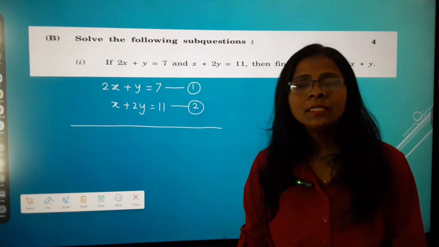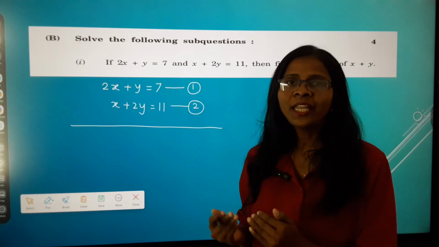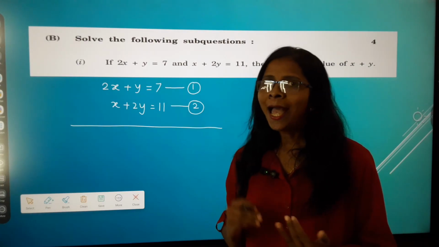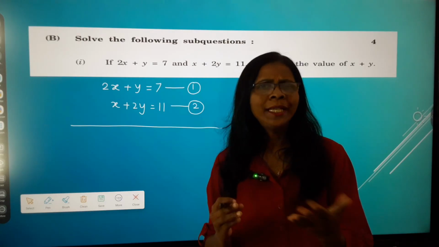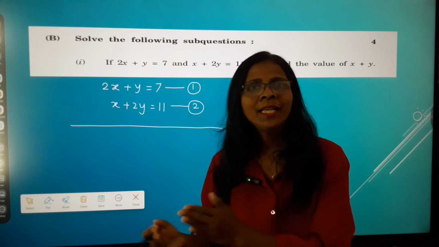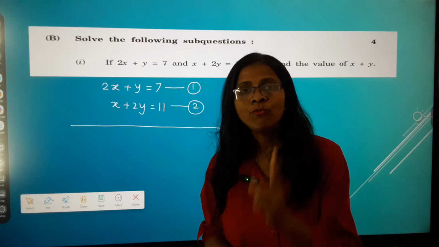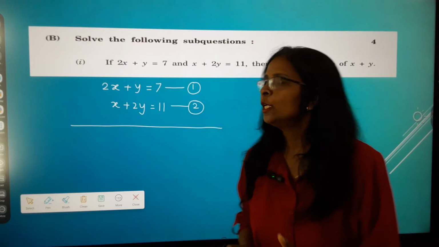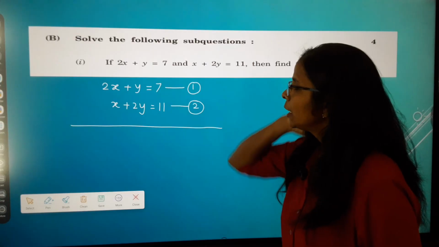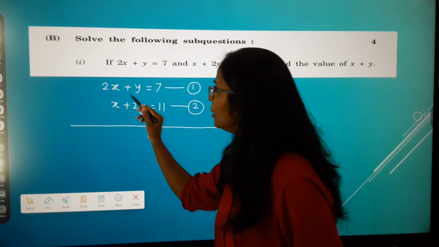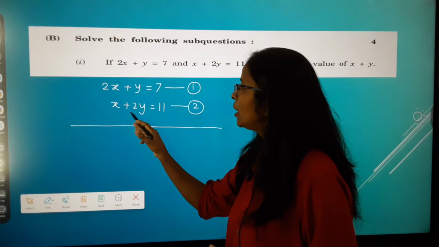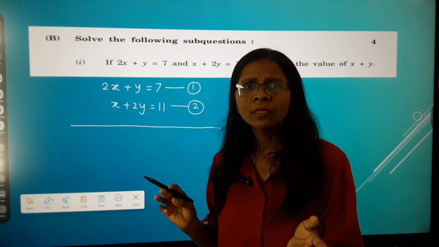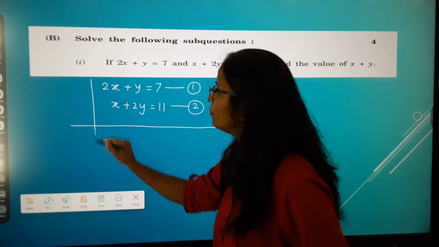If you observe these equations, there is a cross of 2, here 1, 1. So in such a case you would do addition and subtraction, but we don't get the value of x plus y as well as x minus y. We want the value of only x plus y. So in that case, if the sign between these terms is plus, then we add the equations.